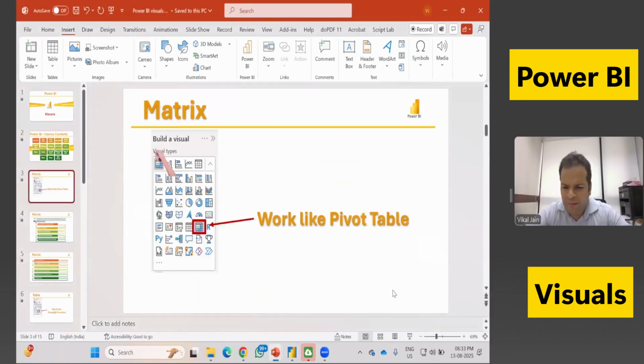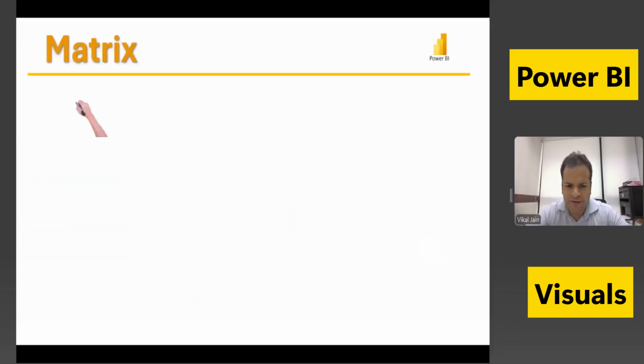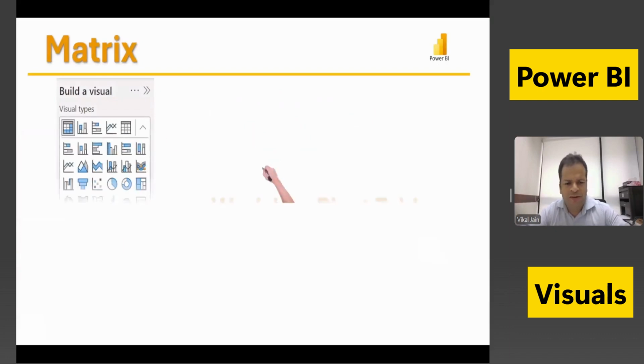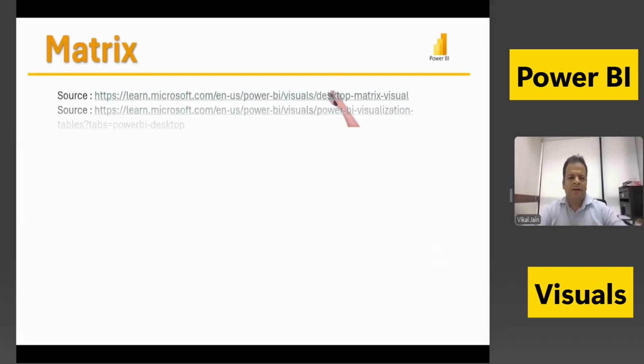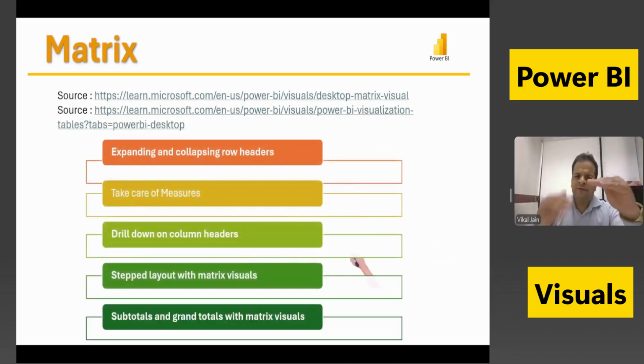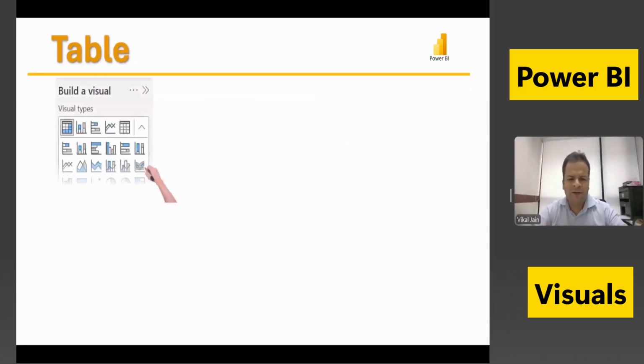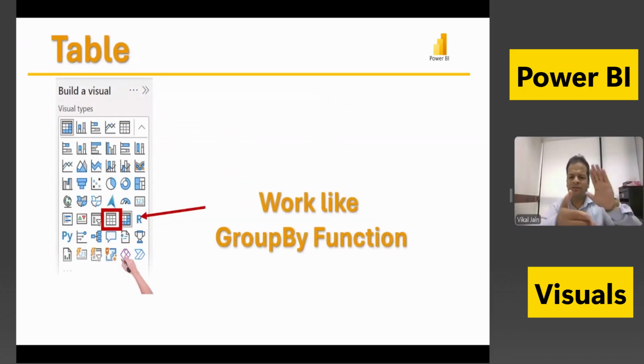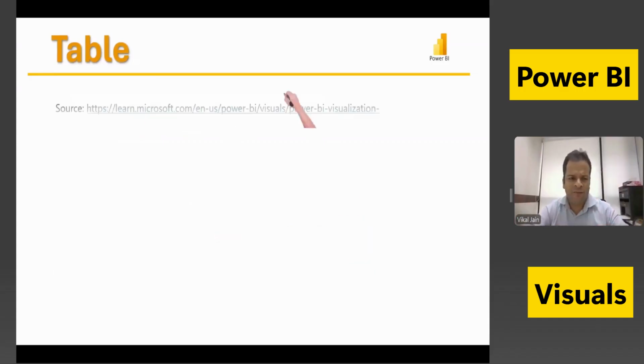And we have dealt with the matrix visual. The matrix visual works like a pivot table. We have dealt with advanced matrix things, like measures. We can drill down. We can add subtotals and grand totals like a pivot table feature. We have dealt with the table, which is just the group by function of your Excel.